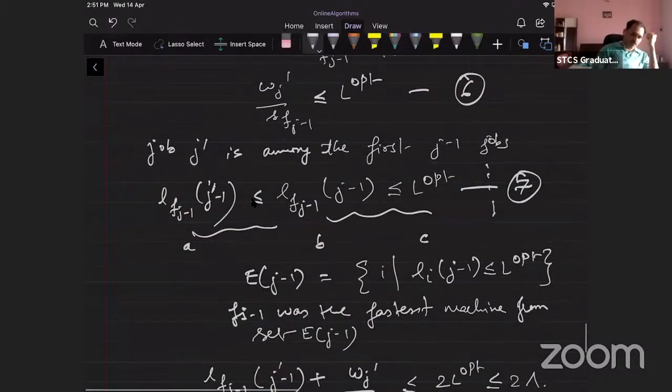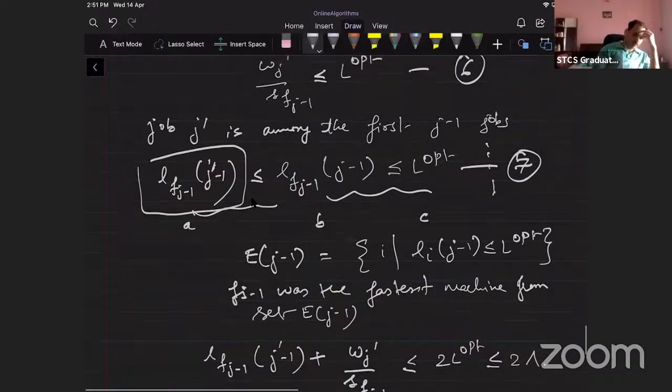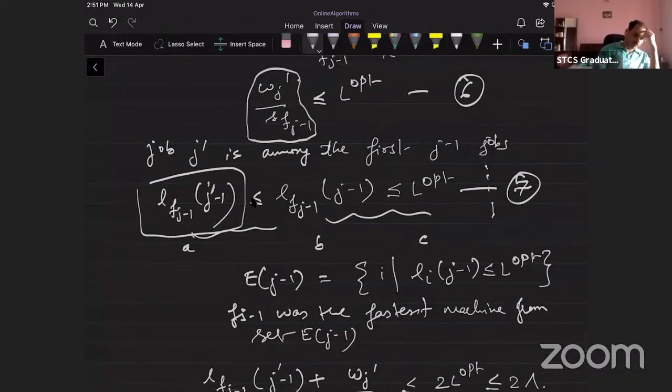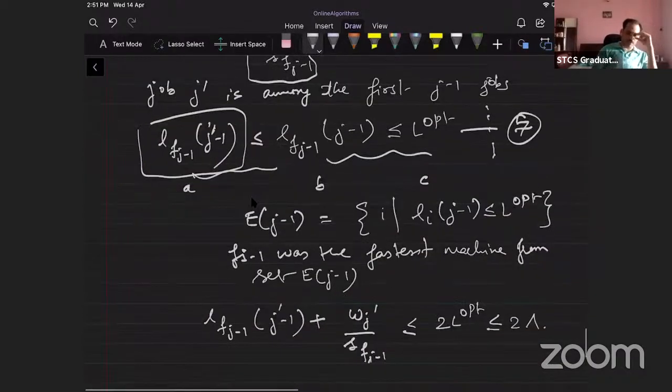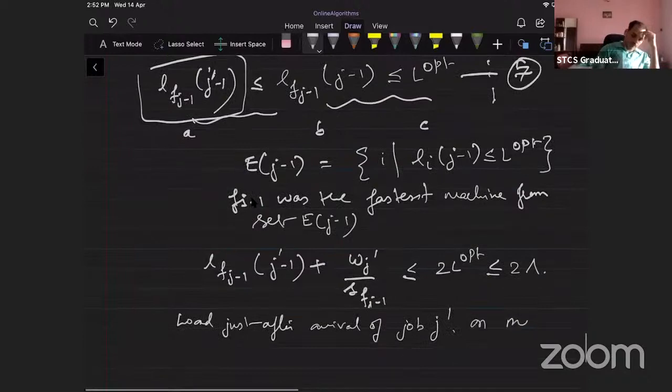I'm just using the A part of 7 and 6, adding this quantity to this quantity. Essentially this is the load just after arrival of job j prime on machine fj minus 1.